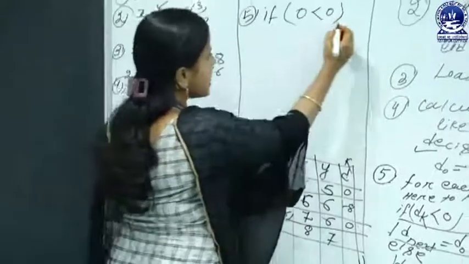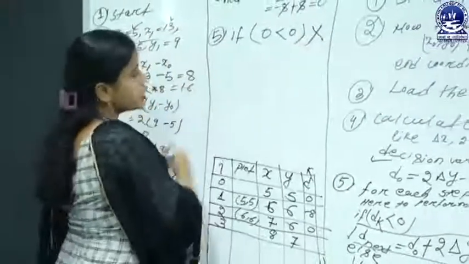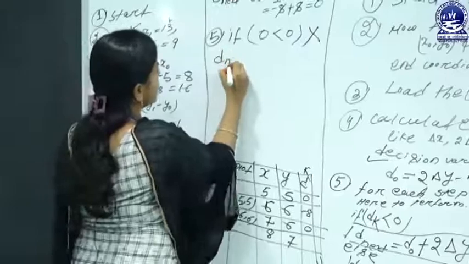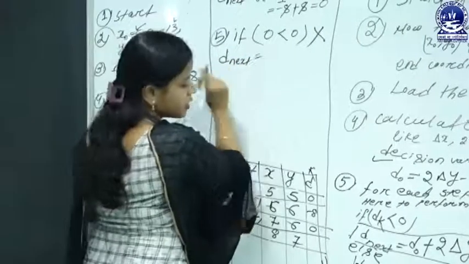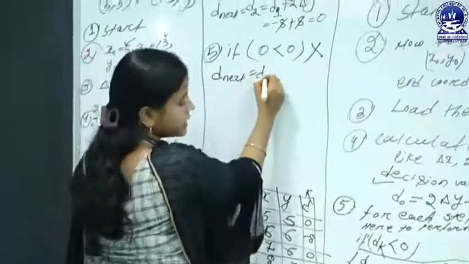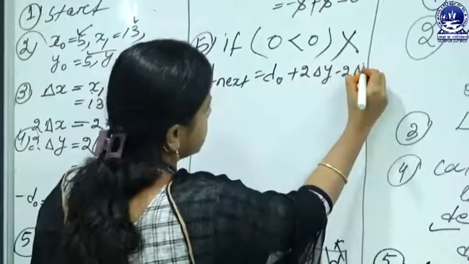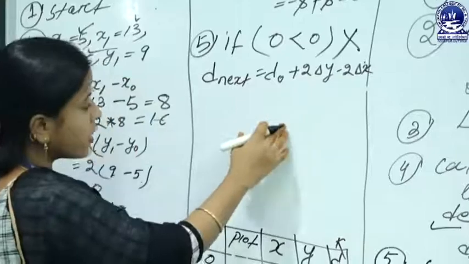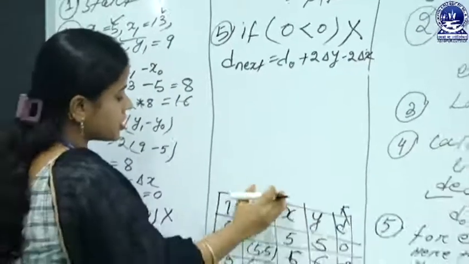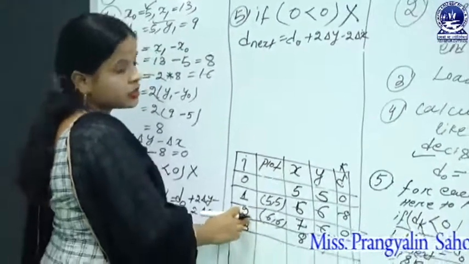As it follows the else condition part, the next decision variable is found using the formula d0 plus 2 delta y minus 2 delta x. Here the decision variable used is just the previous one, that's d2.